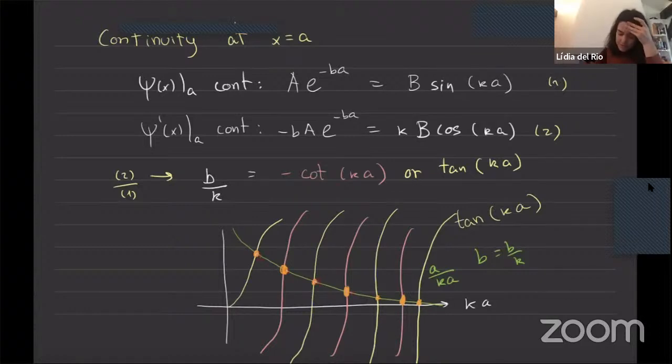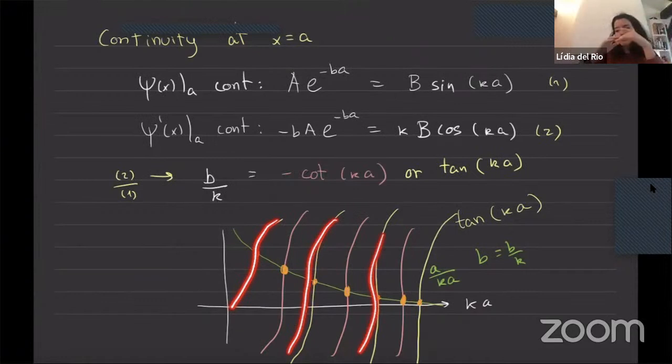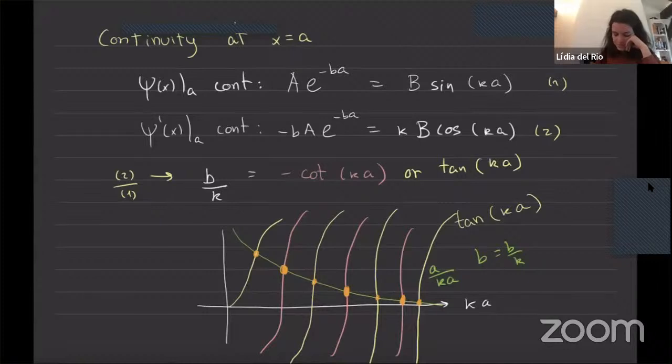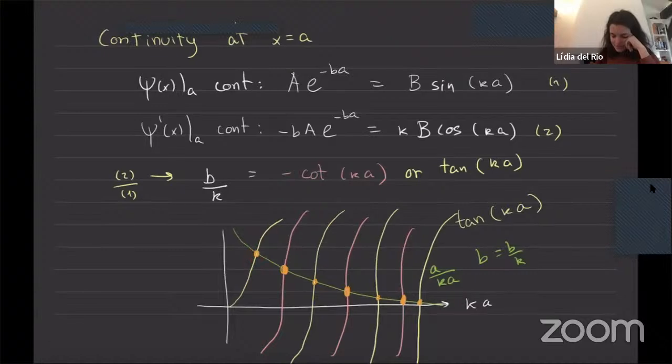Three, there can only be even eigenstates, symmetric eigenstates, or antisymmetric eigenstates, and they really correspond to this. So the first one, the ground state, is even, the next one is odd, the next one is even, the next one is odd.